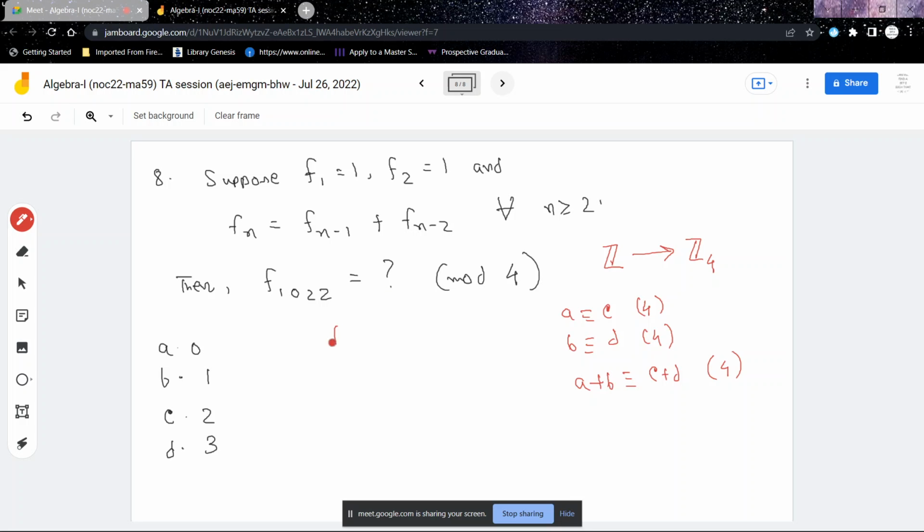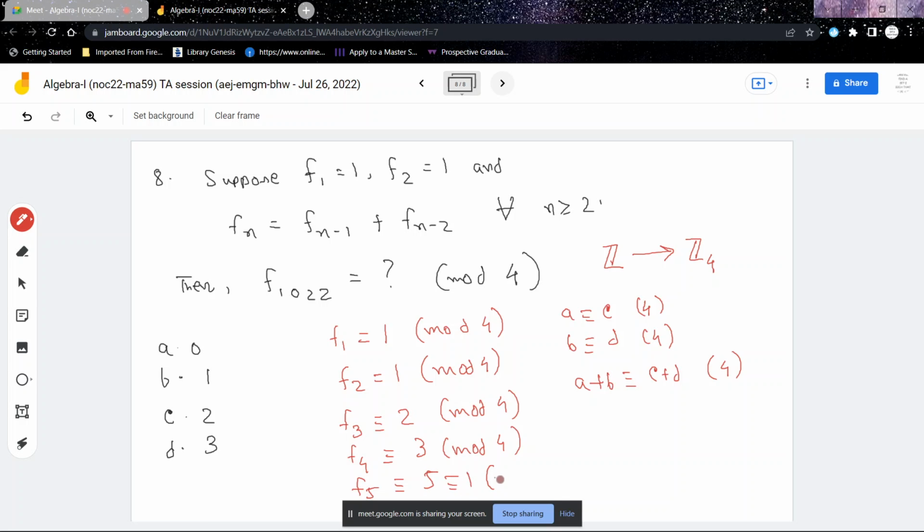You take f1 equal to 1, mod 4 it's again 1; f2 is 1 mod 4; f3 is 2 mod 4; f4 is 3 mod 4; f5 is 5 which is 1 mod 4; f6 is 0 mod 4.